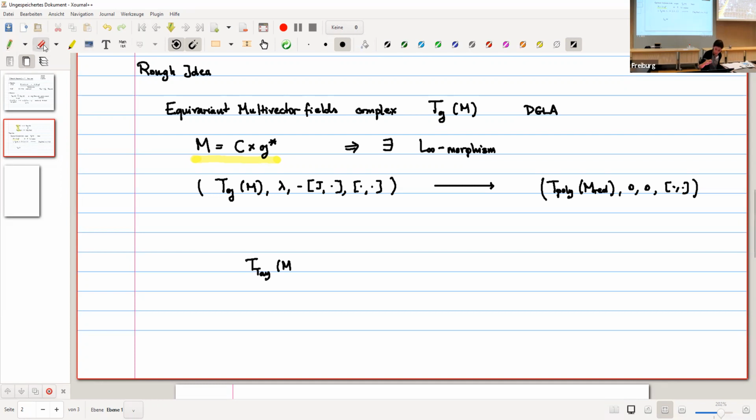Let me write directly. I don't want to write the whole structure, but I will be more precise. First, you get a quasi-isomorphism in this direction. You really have to rewrite your manifold with these two directions. You split everything, and then you have to be careful with the structures, but this is, let's say, easy. And then you need something on the other side.